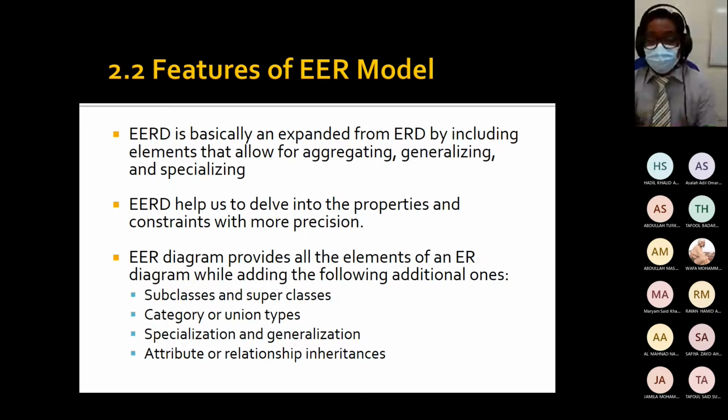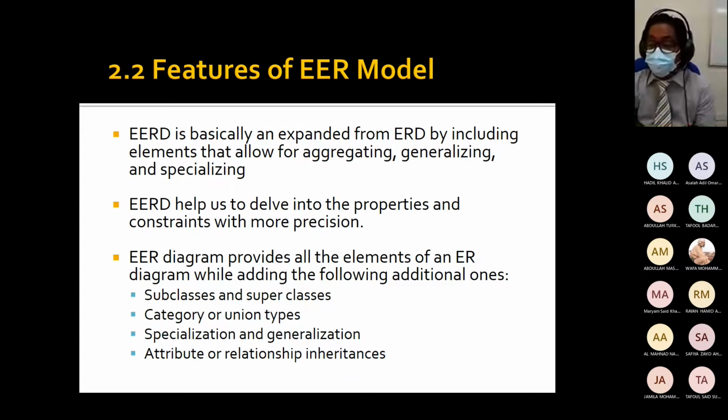It's closely related to object-oriented programming, because you have subclasses and superclasses. We will study one of these later on in the next slides. We categorize them, or we combine them, such as union types. We even generalize them.